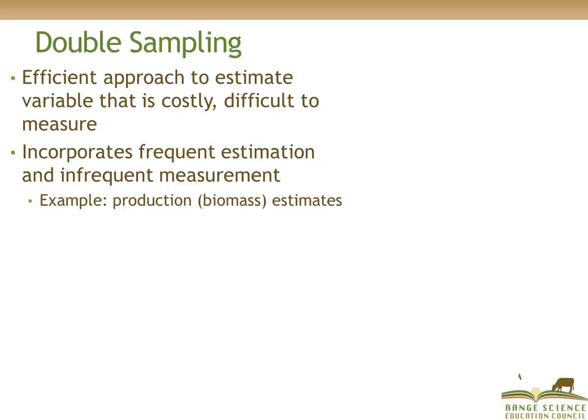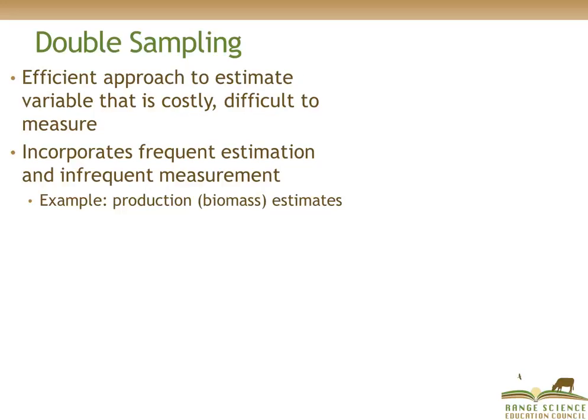Double sampling is very commonly applied to production estimates or estimates of plant biomass, because biomass is very time consuming to measure, usually done by clipping, and it can be estimated, but it's also very difficult to estimate.